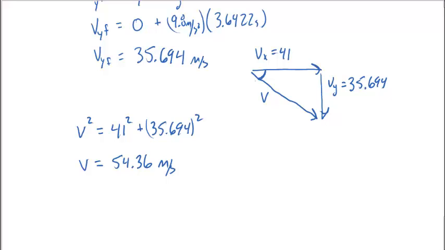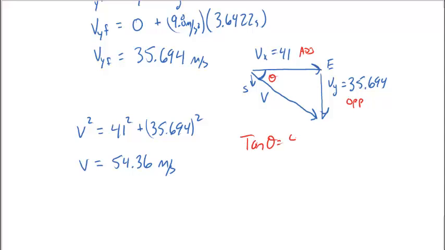Now, since this is a velocity, I also need direction, which means I need an angle, and I can use this angle right here. Because if I say going to the right is east, and going down is south, then this will give me an angle south of east. I just have to find out what that angle is. So if this is the angle I'm looking for, this is my opposite side, this is my adjacent side, and so opposite over adjacent means tangent.